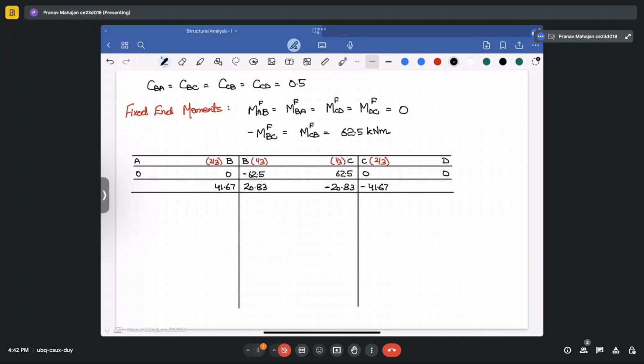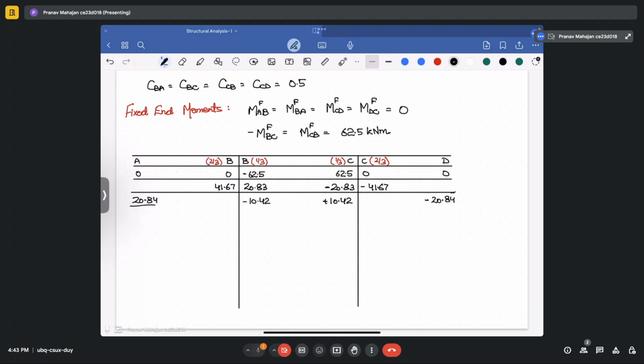Now the next step is carry forward of these moments. So that will come out to be 20.84, and in this case here it will be 0, and here it will be 10.42, and this is positive 10.42, and here the carry forward would be negative 20.84.